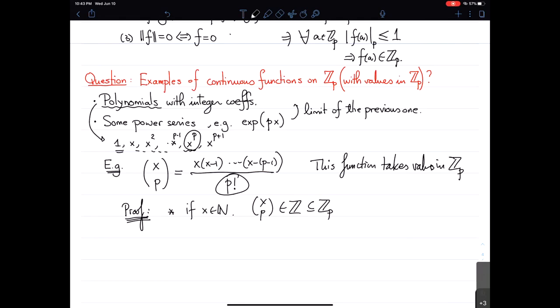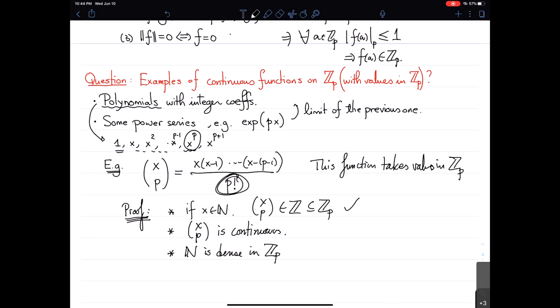Any binomial number is an integer, of course. That's fine. The next thing I want to point out is that this is continuous. Despite there's a denominator p here, it's still a continuous function. That's not a problem. The last one is that N is actually dense in Z_p.